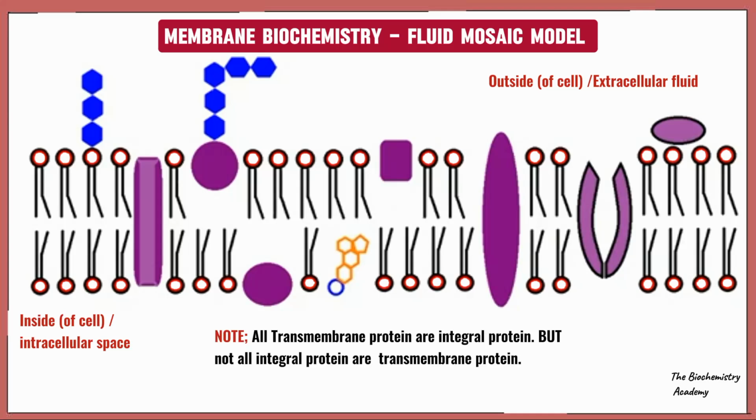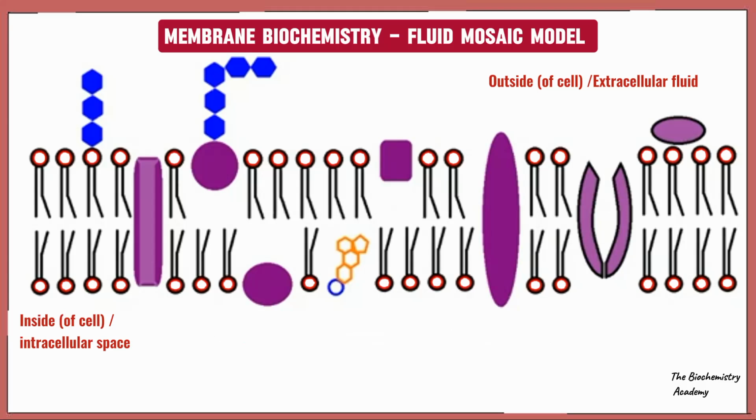Now, it should be noted that transmembrane protein is also an integral protein because it spans within the membrane. So we can say all transmembrane protein are integral protein, but not all integral protein are transmembrane protein.